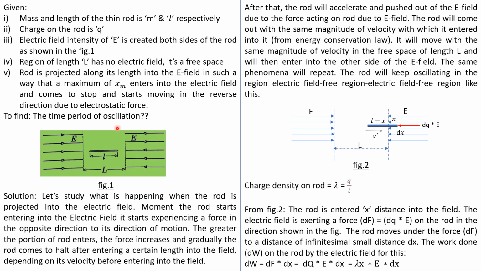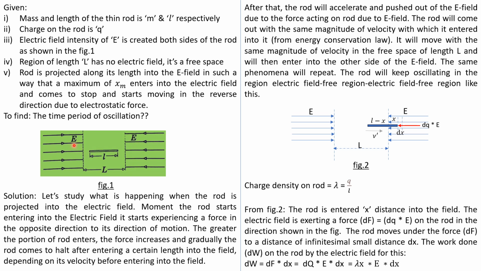Since there is no dissipative force in the system, meaning energy is not getting lost, it will come out with the same velocity from this field. Continuing with the same velocity, it will start entering into the second field, which is located on the left side in the diagram.